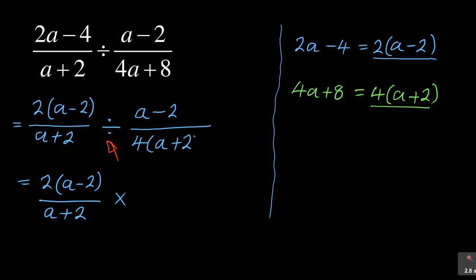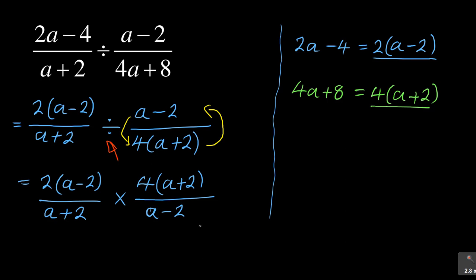And what do you do when it changes into multiplication? The denominator of the second fraction goes to the top and the numerator goes to the bottom. In other words, you interchange those, such that you now have 4 times (a plus 2) over (a minus 2). That's what you're having after interchanging.